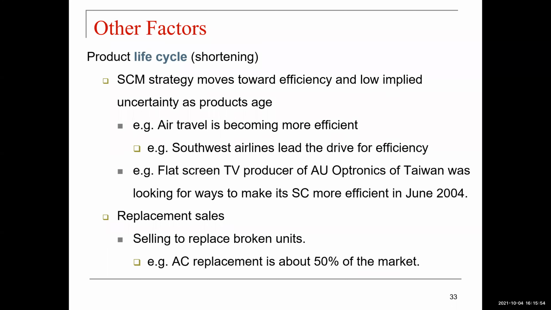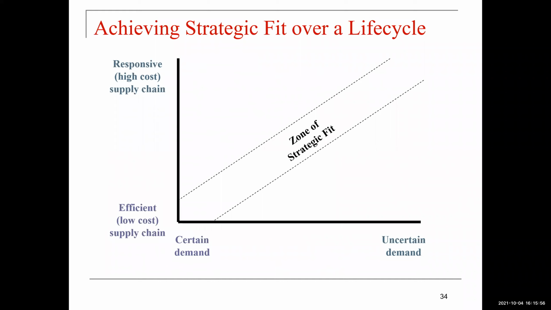Every summer in Texas, you get people buying all these parts that are needed to keep their AC working. So achieving strategic fit over the life cycle, we have again efficiency, the uncertainty in demand, and the curve. You want to stay in that zone of strategic fit.